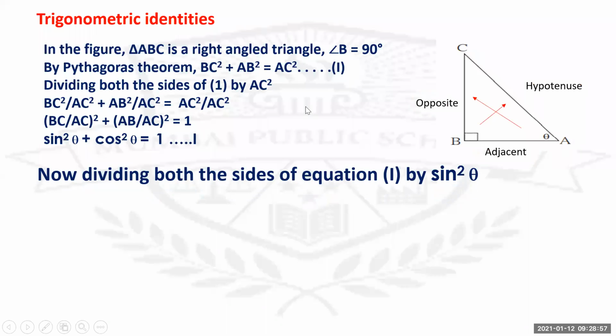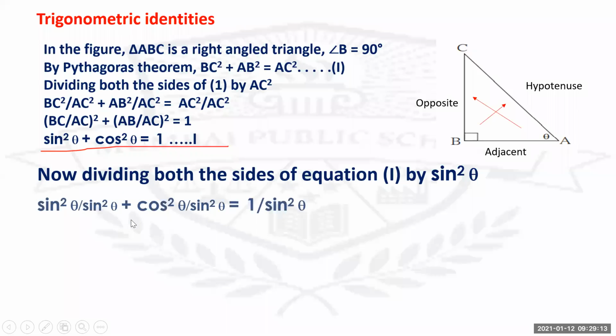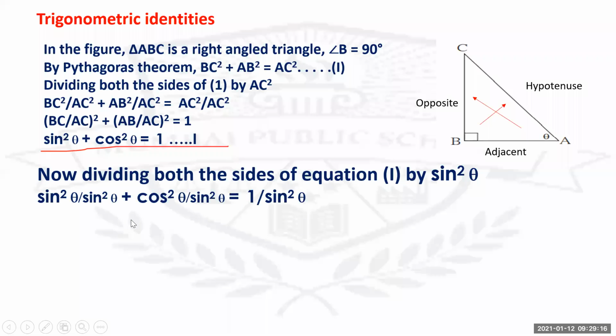Now dividing both the sides of equation 1 by sine square theta, the identity which we have got. So what will we get? Sine square theta upon sine square theta plus cos square theta upon sine square theta equals 1 upon sine square theta.